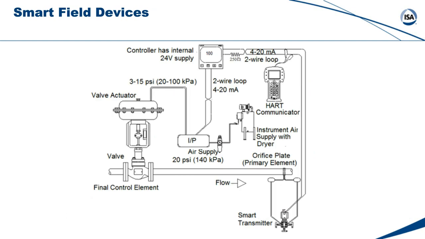Another really cool feature of the 4 to 20 milliamp circuit is that it is possible to overlay a digital signal on top of the 24-volt DC current loop, thus providing additional data capacity and capability in the transmitter. When we superimpose a Bell 202 modem 24-volt AC frequency shift keying signal on top of the current loop, we can access configuration parameters, store tag names, trim the sensor output, and change the range of the transmitter from a remote location.